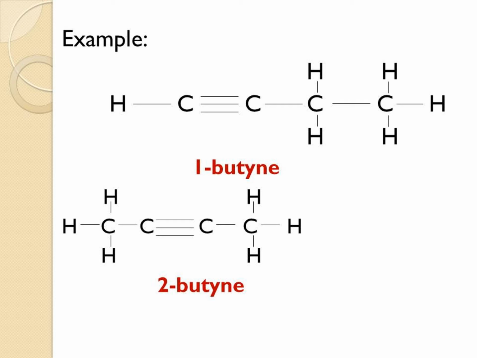The triple bond is found in carbon 2 and carbon 3, so carbon 2 has the lowest number indicated by the triple bond, and the parent chain is butane. Because of the triple bond, it becomes an alkyne. So this is 2-butyne.